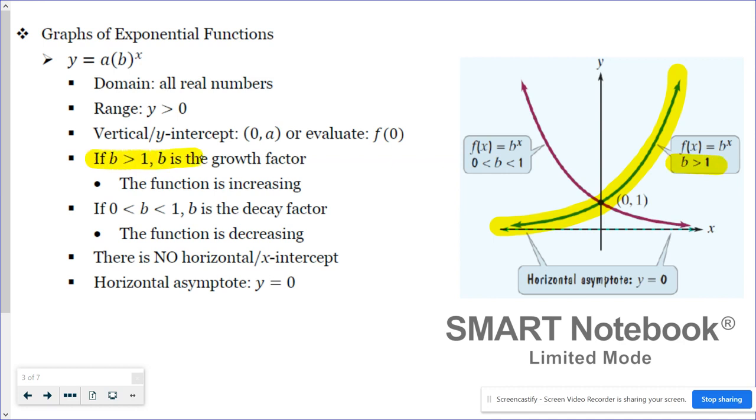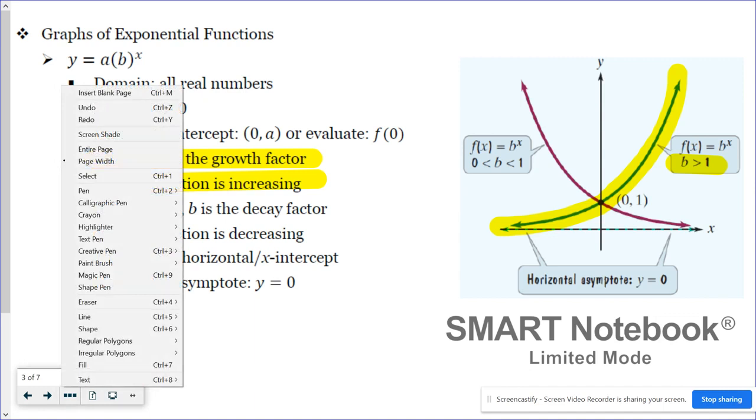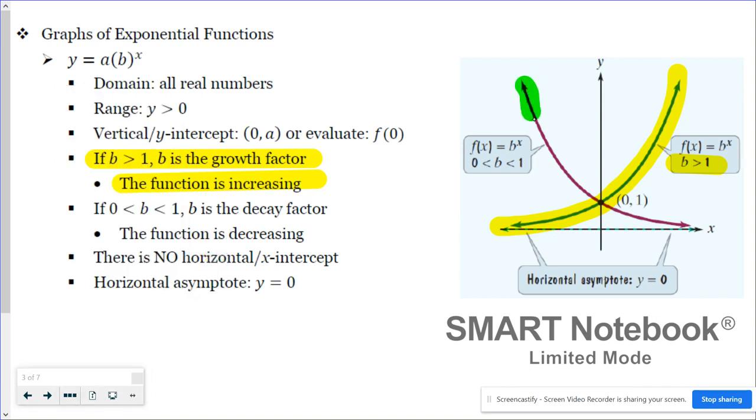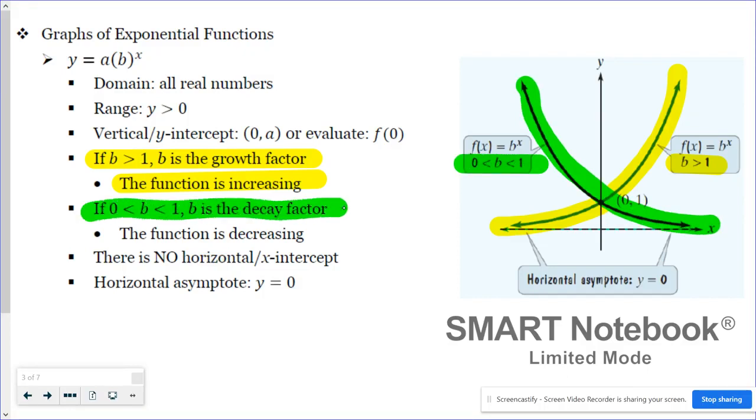You'll notice that an exponential growth function is an increasing function, so it's rising from left to right. The graph in red is showing that of an exponential decay function. Decay functions have a base that is in between 0 and 1. Notice that exponential decay functions are decreasing.